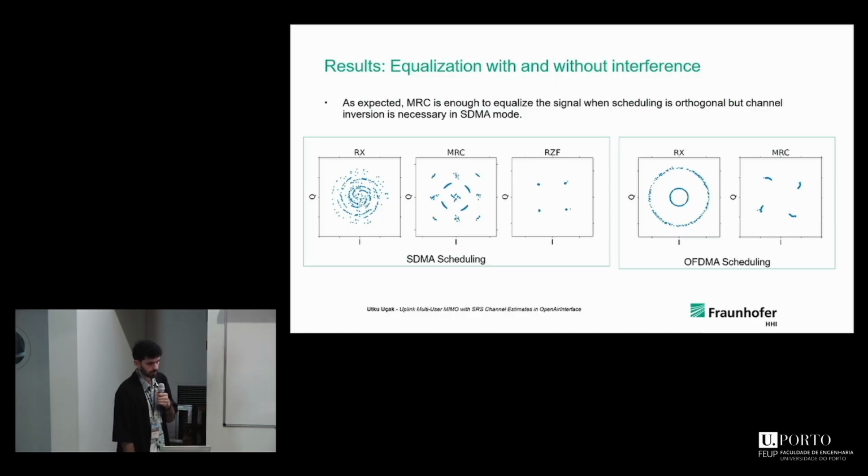If you look into some PHY signals, you can also see this in the different steps of the physical layer processing, where depending on your scheduling mode, you can observe the interference from the other user, as you can see.